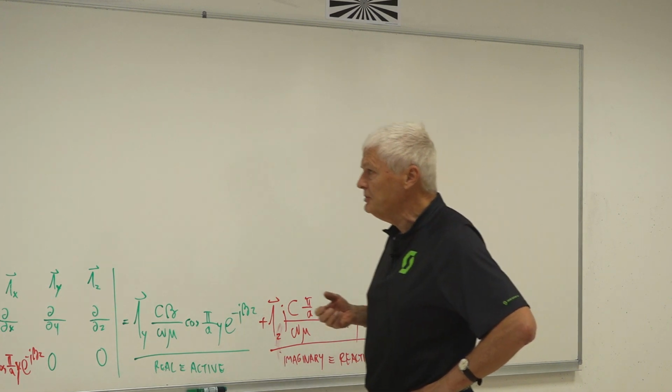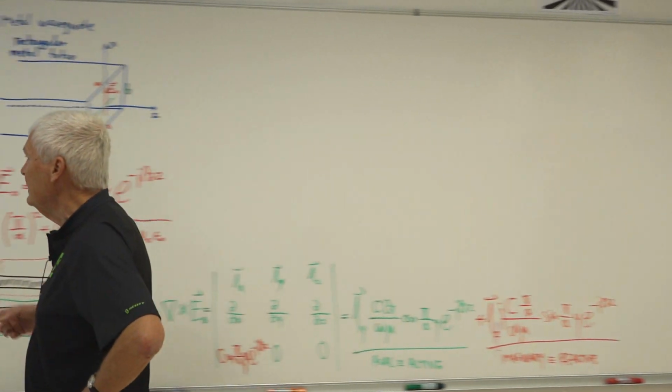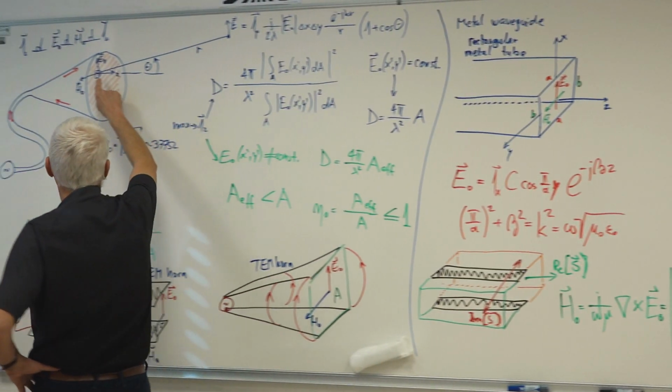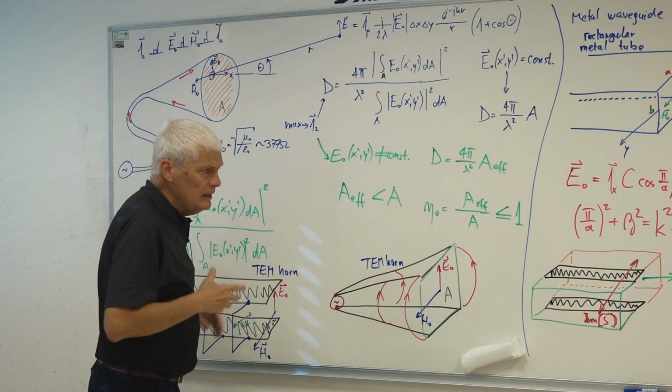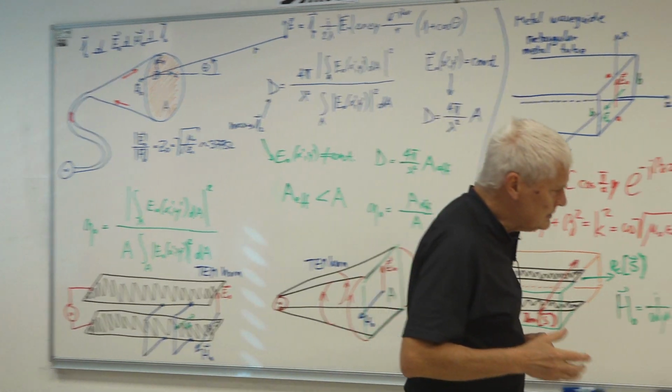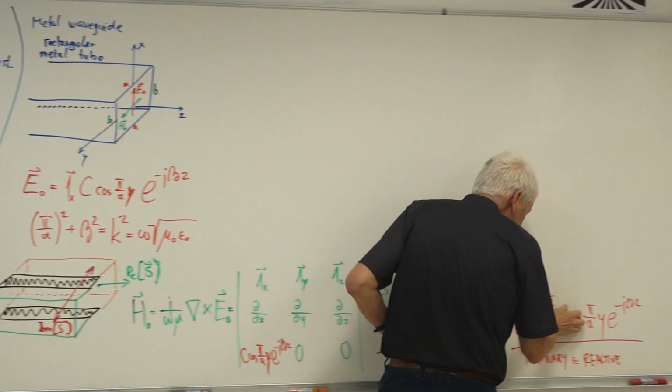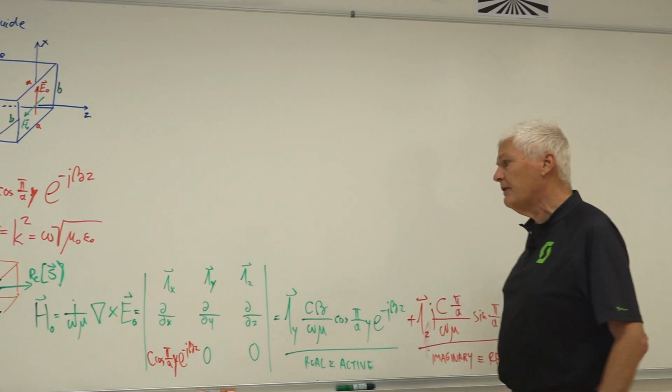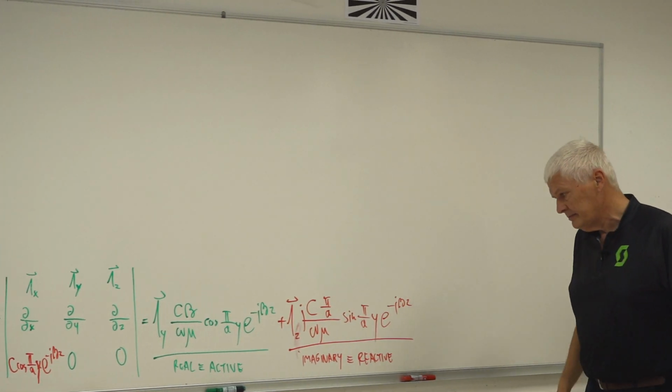So our assumption that we have a plane wave with just a real Poynting vector makes sense, because the imaginary part becomes less and less important as the size of our waveguide grows.